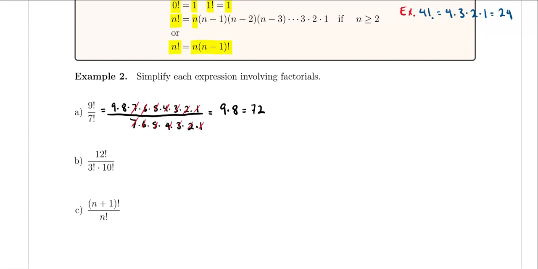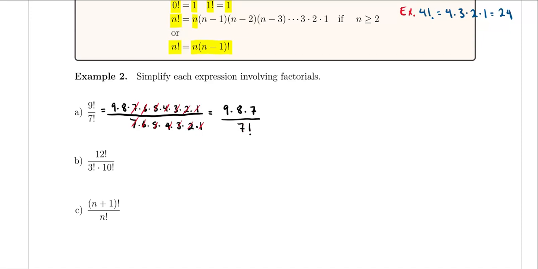This is our final answer, but I would recommend not expanding them out if you can. Rather than writing all of the multiplications, you could have taken a look at the larger number and expanded that one out. So I'm going to have 9 factorial, which is 9 times 8 times 7, and this is where I'm going to stop, because I notice that I have a 7 factorial on the bottom.